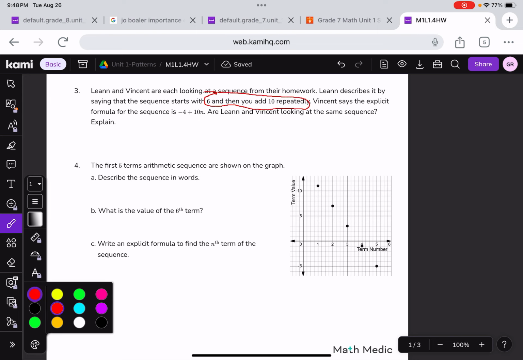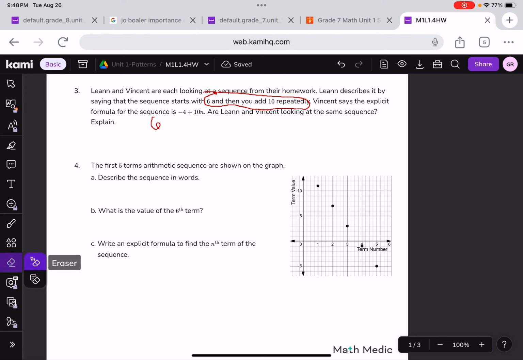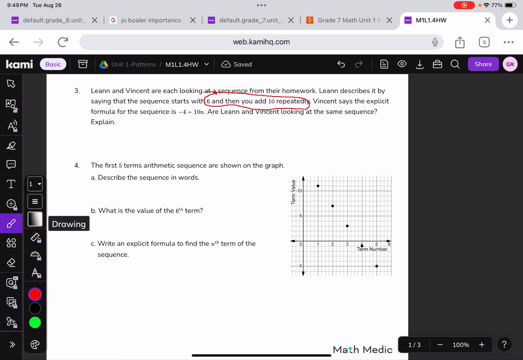So if we want to, let's write that sequence. We start with 6, right? Or maybe we should say the first term is 6. The second term, we add 10 repeatedly, is 16. Then third would be 26, and so forth.